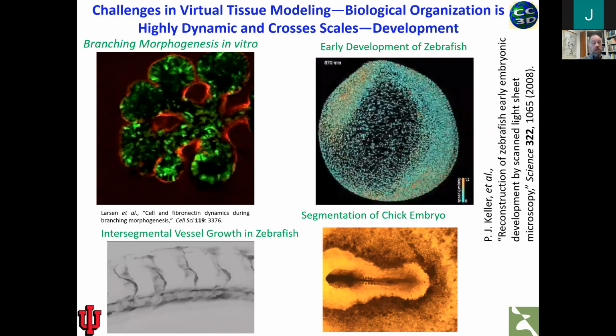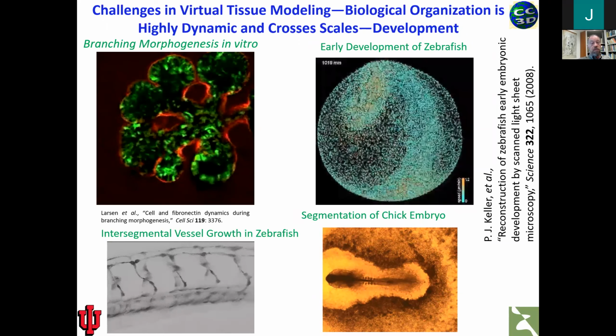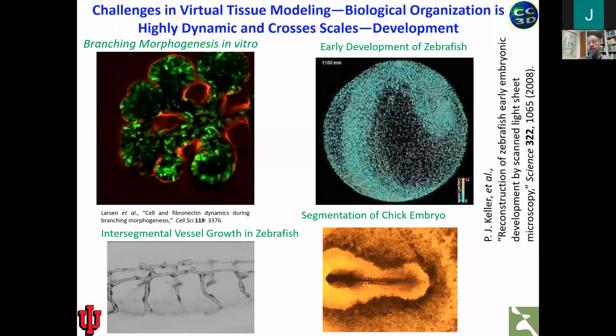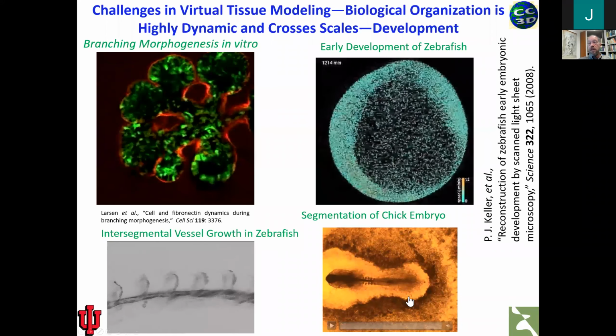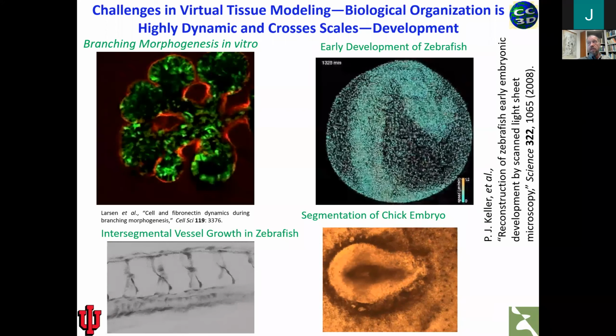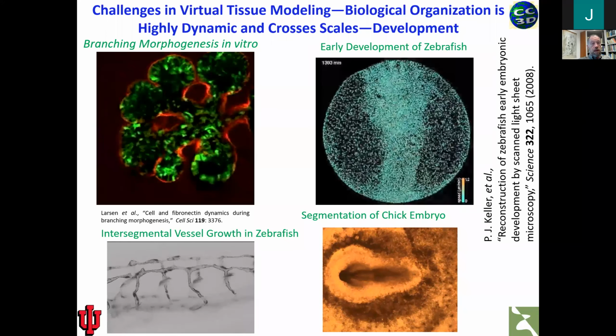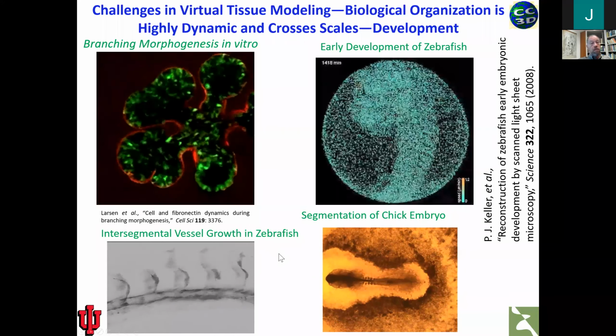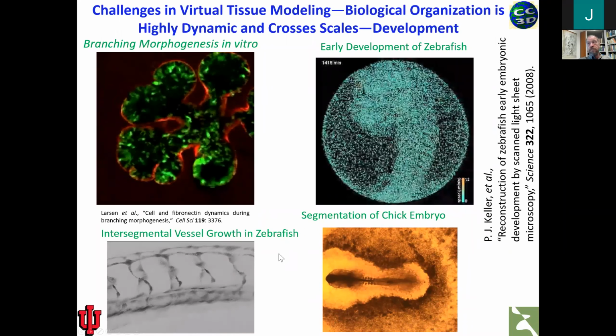At the bottom, we see blood vessels growing also in the zebrafish as the zebrafish is developing. And on the bottom right, we see the development of early stages of a chicken embryo. All of these contain aspects of problems that we've addressed or others have addressed using CompuCell or programs like CompuCell.